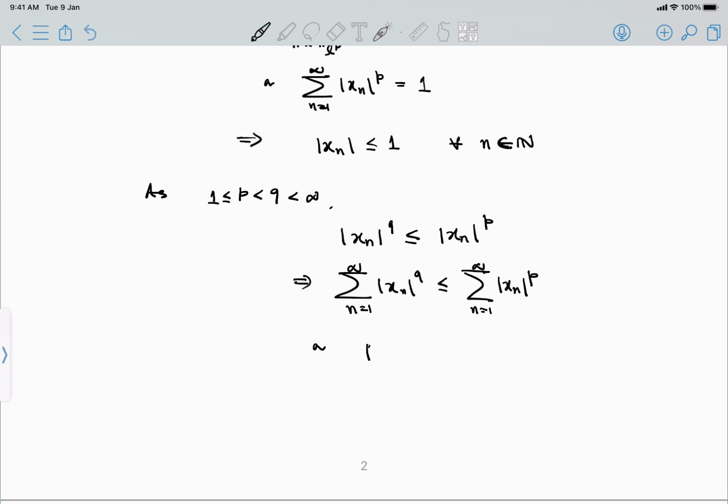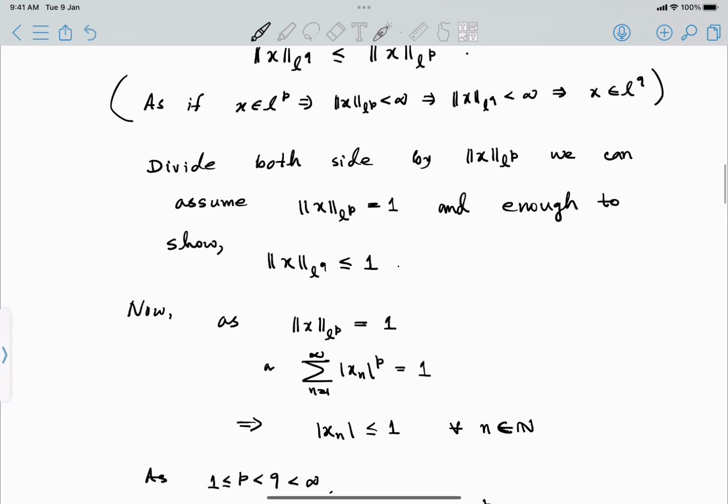This is the ℓq norm to the power q, less than the ℓp norm to the power p, and we know this is 1. So we have got that the ℓq norm of x is less than or equal to 1, which we had to prove.